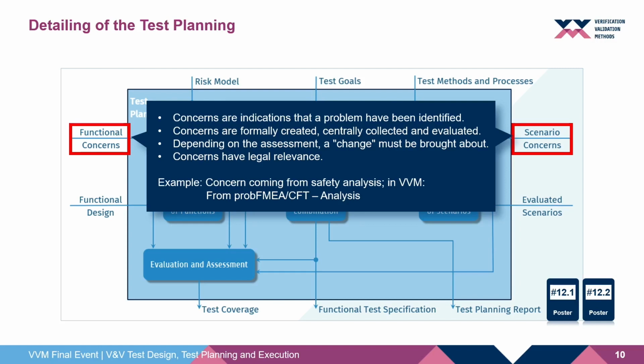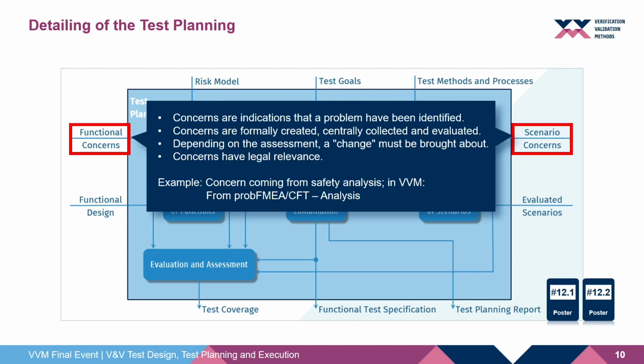These concerns can arise at any time during the development process, and they have to be collected, documented, and analyzed in terms of the functional test planning, because any of these concerns may lead to a change, maybe within the design.